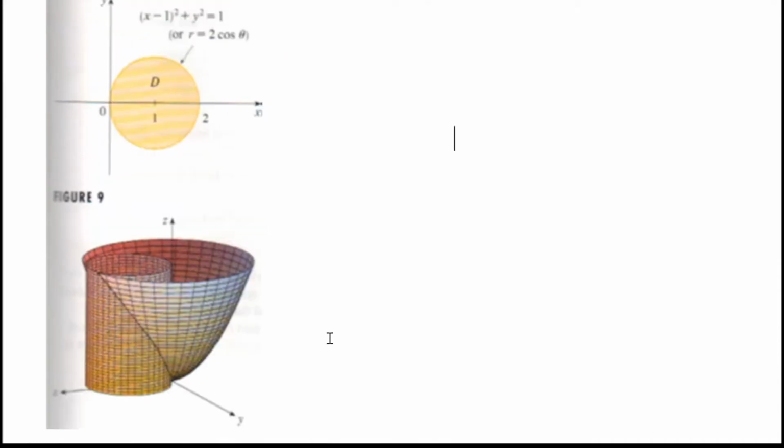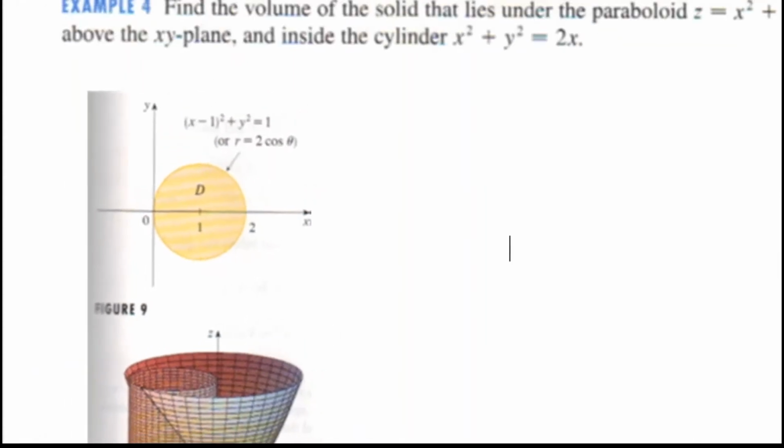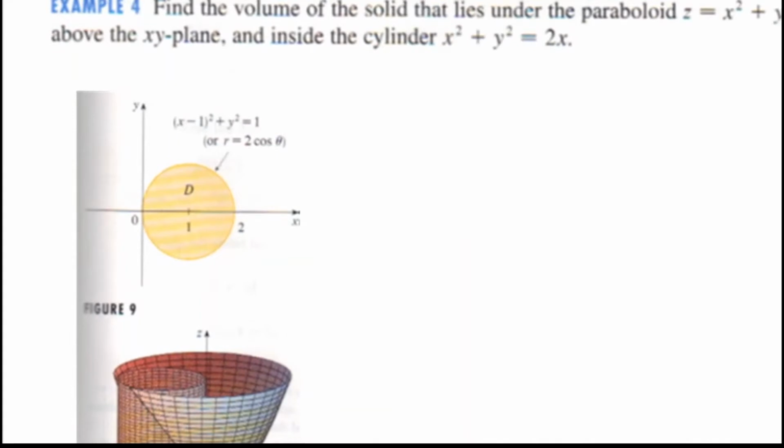Okay, now we'll try to set this up and try to get it. So first thing we need to do is we have to convert this into polar coordinate, right? So can you feel that this is r is equal to 2 cosine theta? Actually, it tells you right here, so never mind. But you could feel it if you wanted to, right? Okay, so that's the first thing. Then we'll set it up.